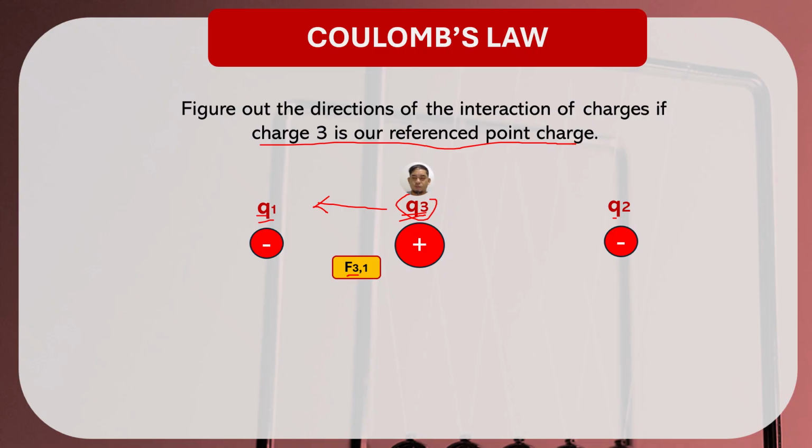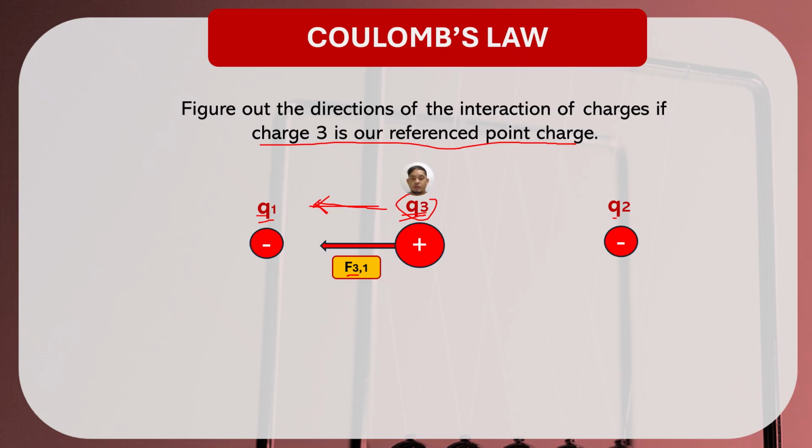Sorry, I'm using the wrong word. So the direction will be going in that direction. Since Q3 is our point charge, we will be putting the arrows along or near Q3. That's force on charge 3 due to charge 1.